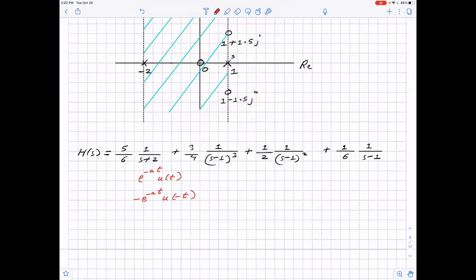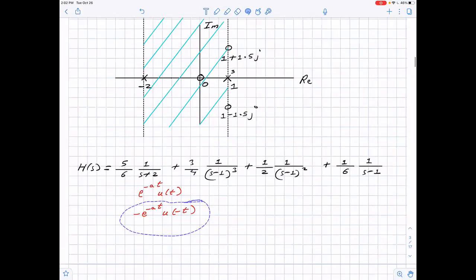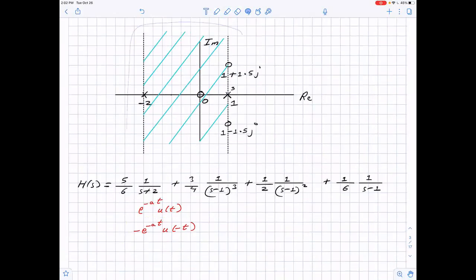But if we pick the second option, that would make our function a left-sided function. But looking at this ROC, we can tell that we have to pick the right-sided function.